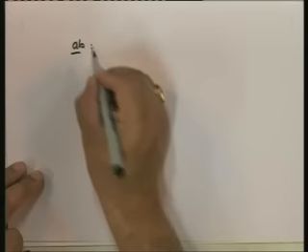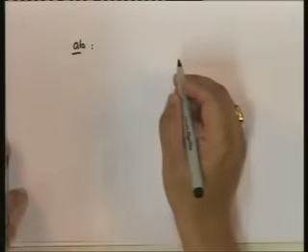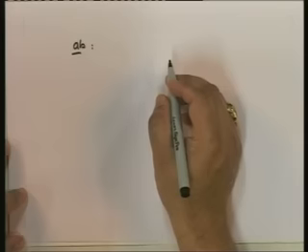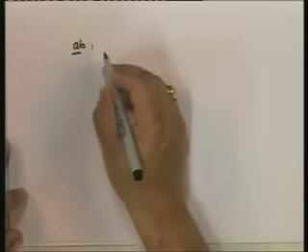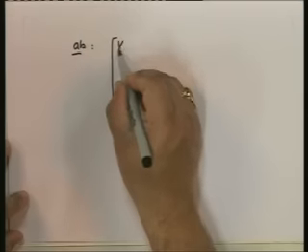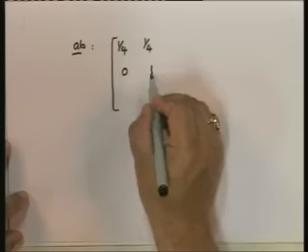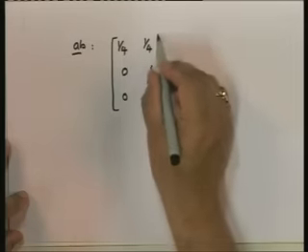Now, we've done CD and BD. Can we do it for AB and BC? So for AB, the contribution is going to be equal to AI transpose into KI into AI. AI transpose for AB is going to be equal to 1/4, 1/4, 0, 1, 0, 0.